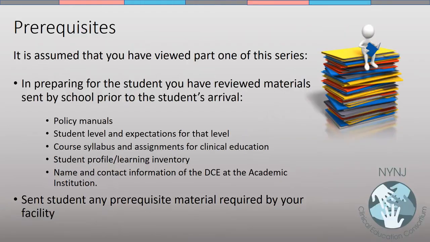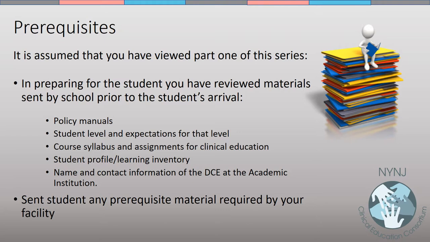For this section, it is assumed that you have watched part 1 of this series, Planning for the Learning Experience, and that you have already reviewed material sent to you from the school. This information should include a clinical education policy, information regarding what level the student is and the expectations for that level, the course syllabus and any required assignments the student needs to complete, and a student profile and/or learning inventory.